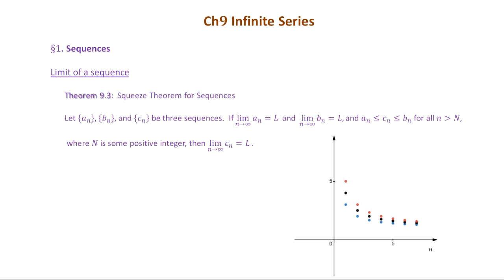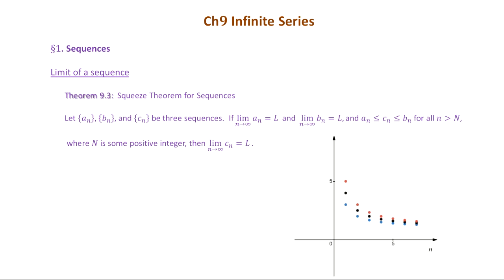So you can see from the graph what the situation is. The blue points represent the sequence a_n, the bottom ones, and the red points are b_n, the top ones.